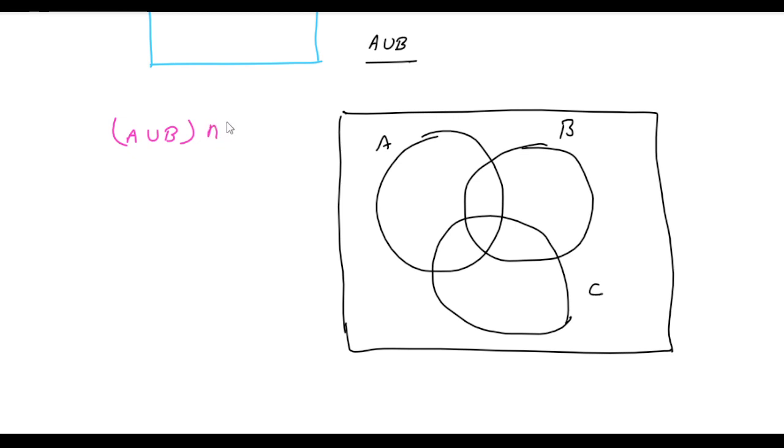Okay, let us consider intersection of C dash. Let us first discuss this much. So intersection means the common part. What I will do, I will shade some part, and then we will see what we should write.